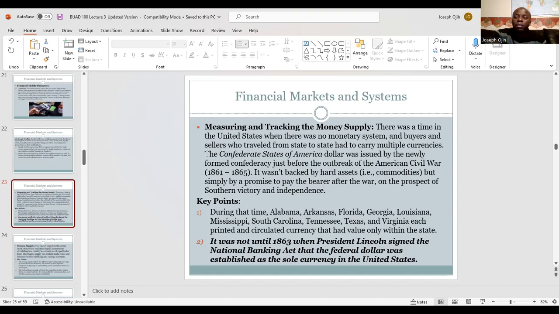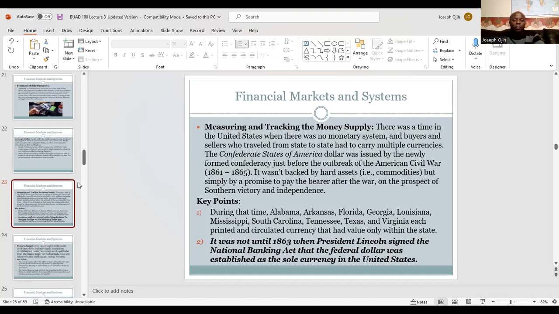So if you're going from Maryland to Virginia, you have to carry the currency that can be accepted in the state of Virginia. You cannot use the currency that Maryland used to buy things in Virginia. That's how it was in those days.